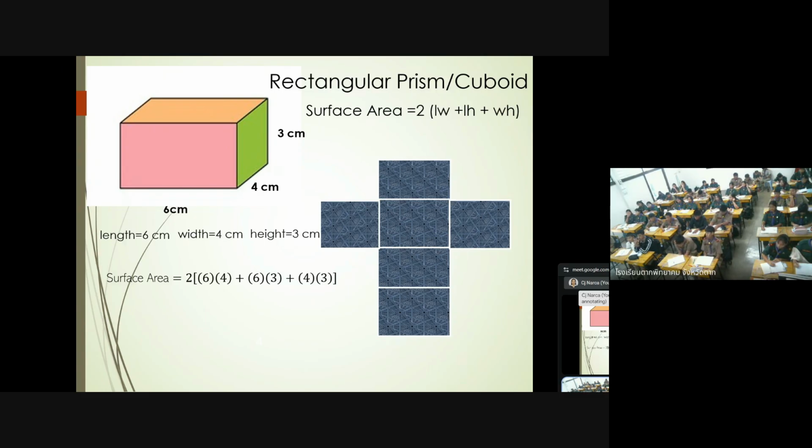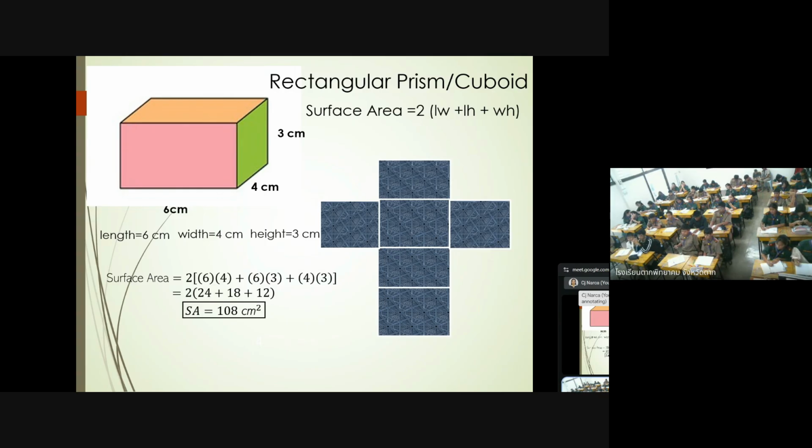Now, 6 times 4, 24. 6 times 3, 18. And then 4 times 3, 12. So you just add everything. 24 plus 18 plus 12, we have 54. And then multiply by 2. Therefore, the answer is 108 centimeters squared.